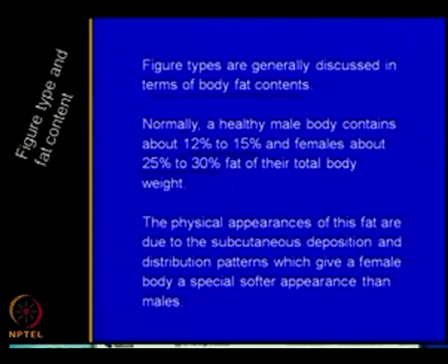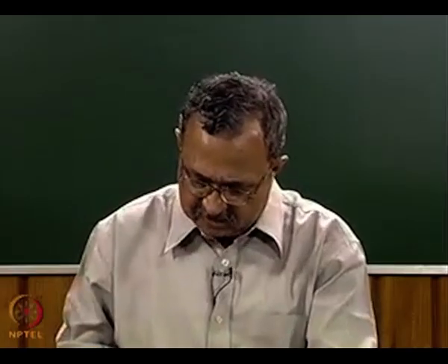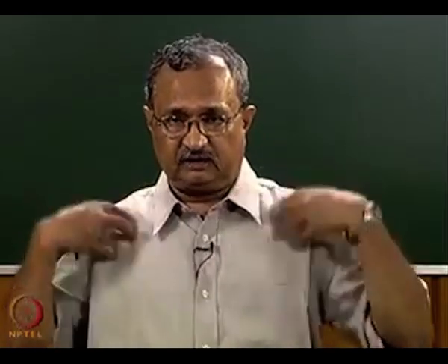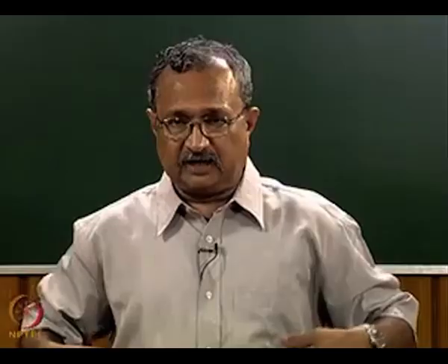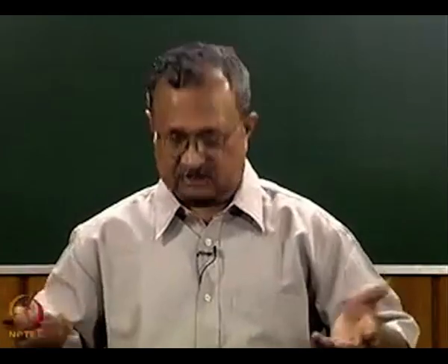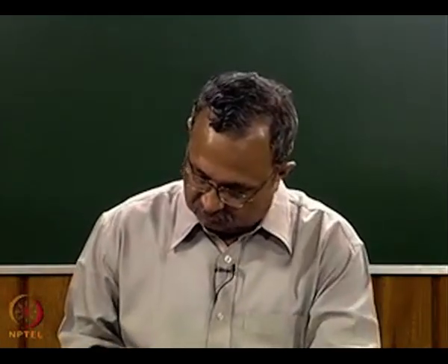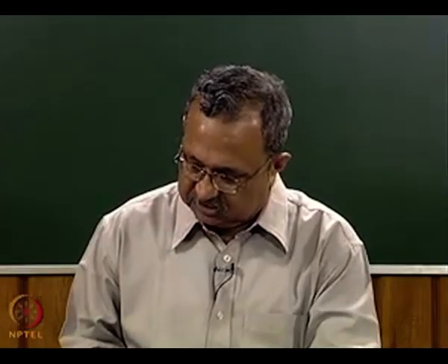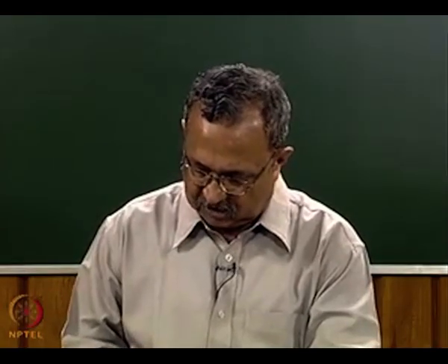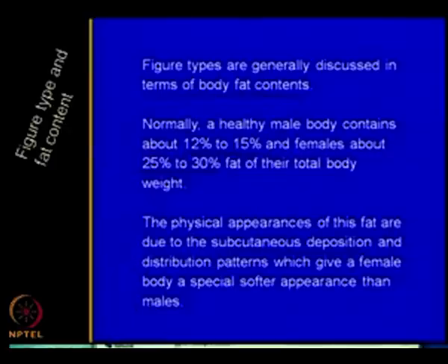The physical appearance of this fat is due to subcutaneous deposition and distribution pattern in different body parts like abdomen, shoulder, thigh etc., which give a female body a special softer appearance than males.